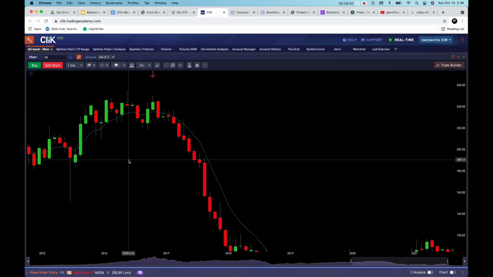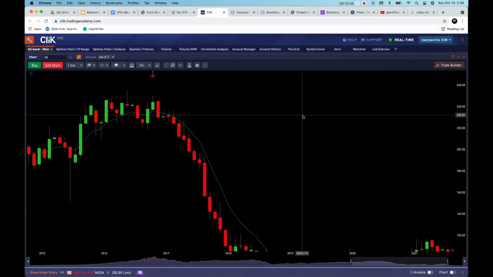Then you will isolate the base by drawing a vertical line on top of the leg in and a vertical line on top of the leg out. And then you will go ahead and draw the supply zone. So go ahead and pause the video, and then after you've done all that, unpause the video, and I will display the correct answer.